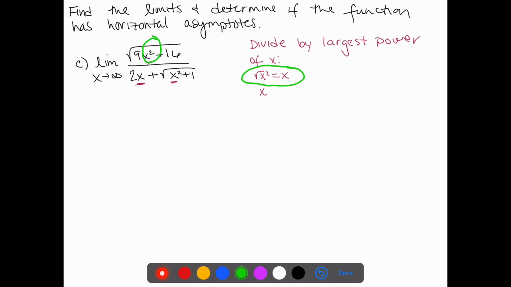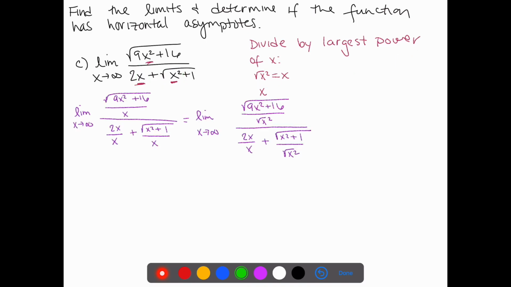And then in the denominator, I've got an x to the 1, and then I've got another x squared inside a square root, which is also x. So technically, my largest power of x is x to the 1, or the square root of x squared.